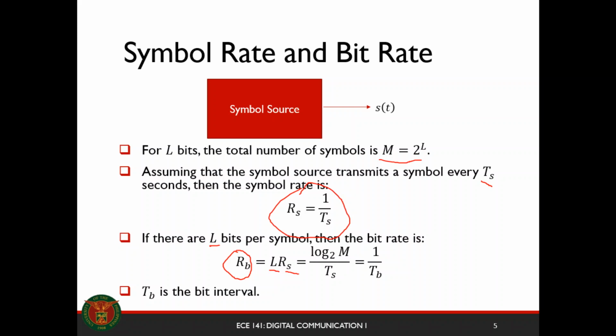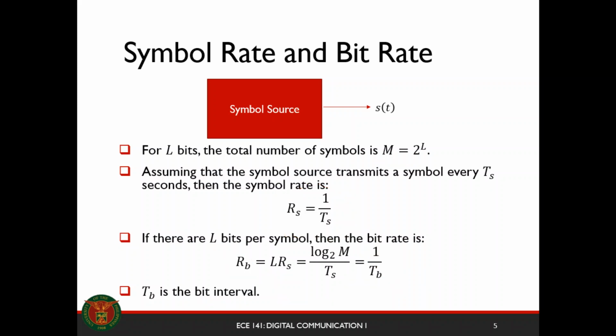If you think about it, that's just intuitive. You send one symbol per second, and if each symbol has 4 bits, you just multiply, like dimensional analysis, and you get 4 bits per second. The value of T_b here is called the bit interval, and its reciprocal is called the bit rate.